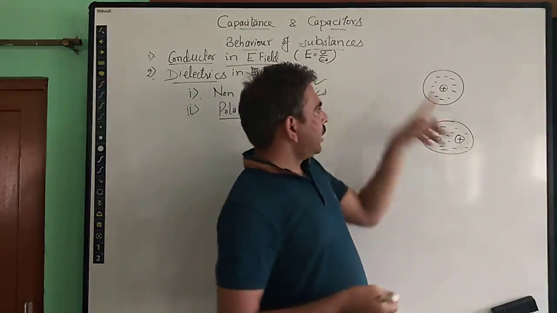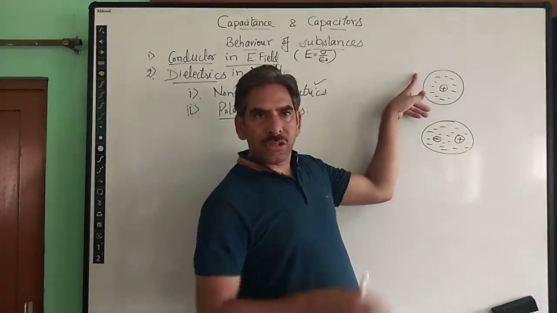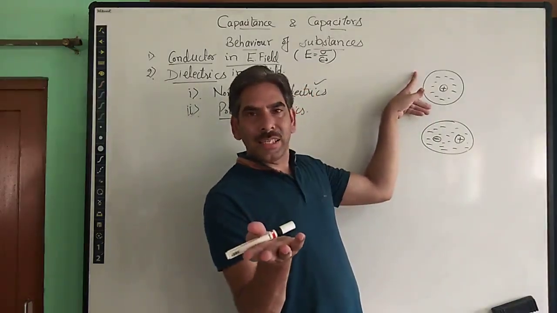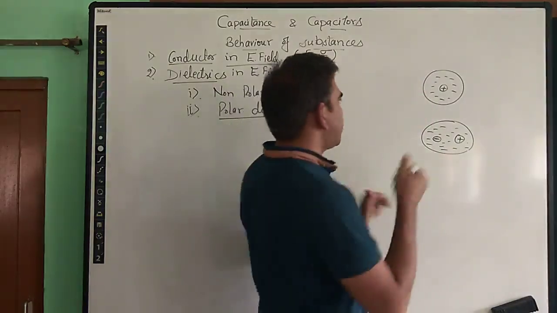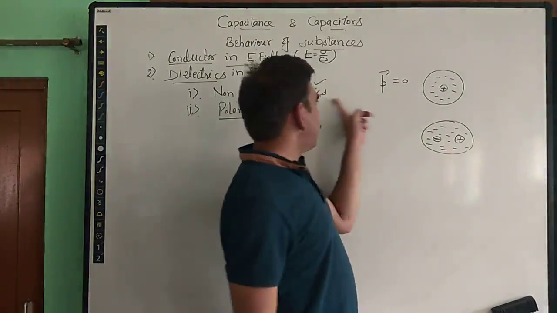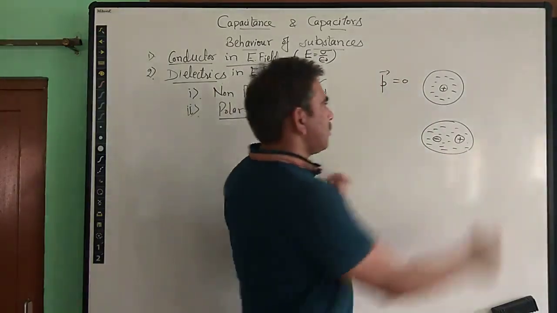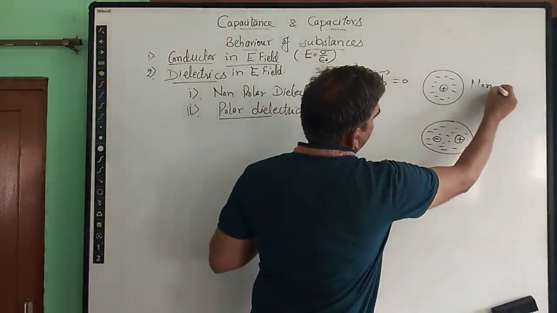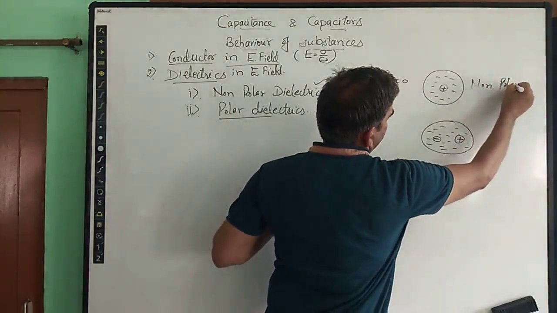So what is the difference? In the non-polar case, because the centers coincide, there is no polarization, due to which the dipole moment is 0 whenever we have non-polar atoms.